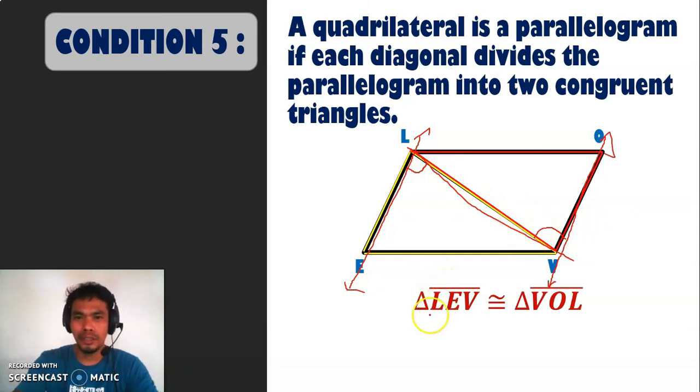So we have to write first L and this one V. And next we have this angle is congruent to this angle. So we have here angle E and angle O. Then we have also this angle and this angle by alternate interior angles because these two angles here are also congruent.